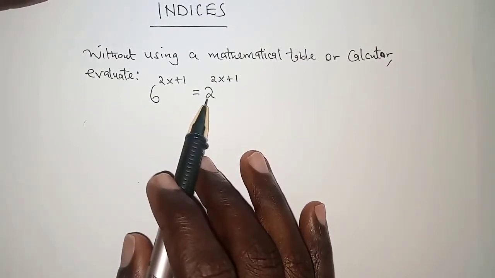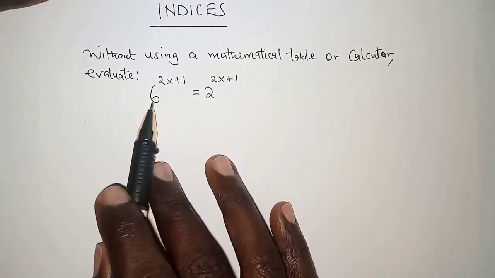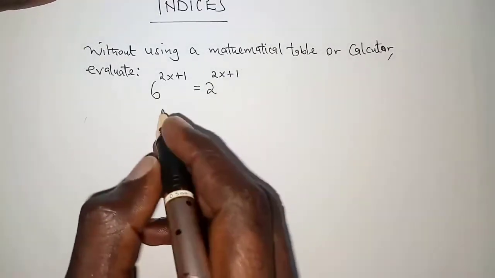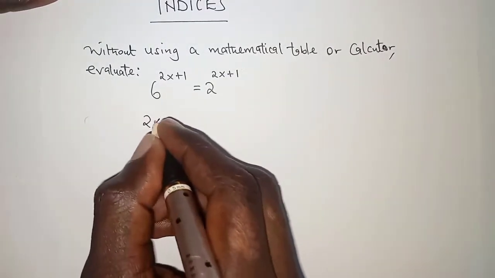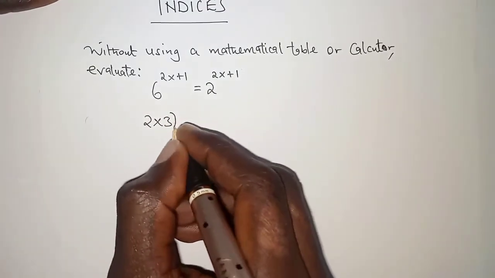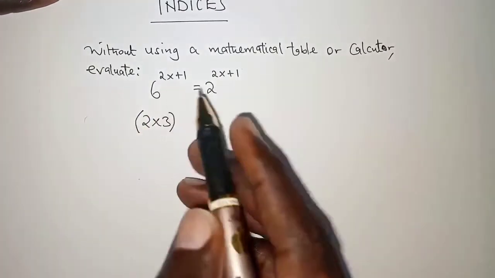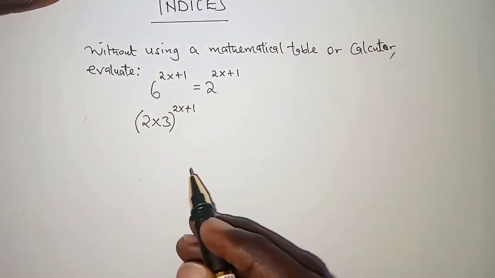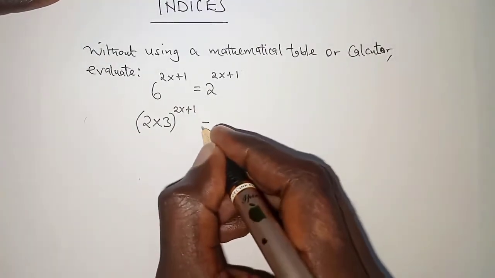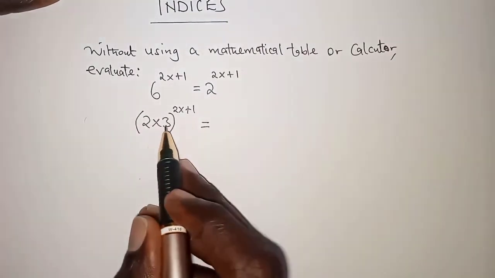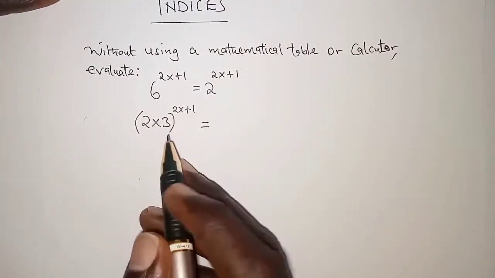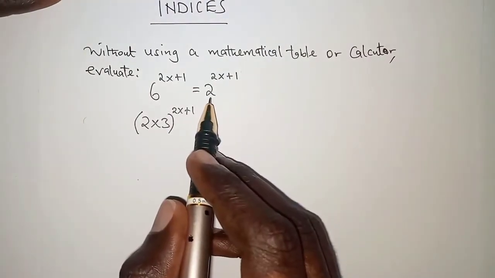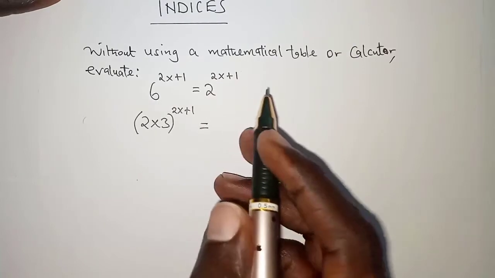Now you can see that 2 is one of the factors of 6, and we expect to express 6 as 2 times 3, and that is raised to power 2x plus 1. For the right hand side, we can also apply the same, and still have to maintain the right hand side the way it is.